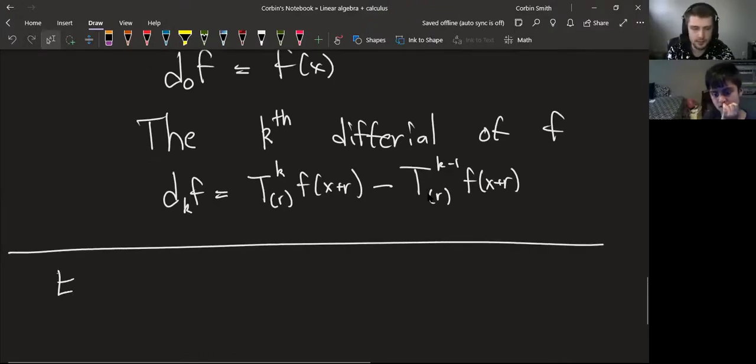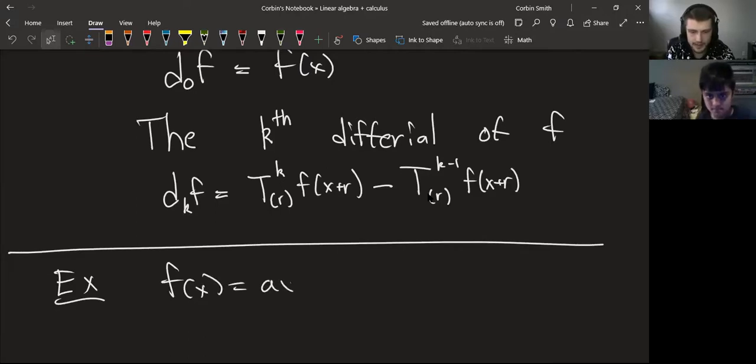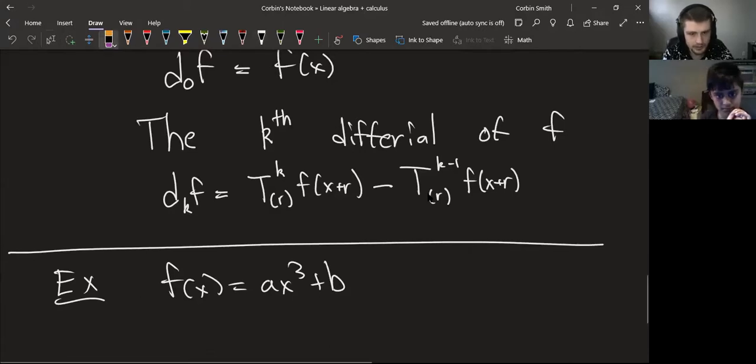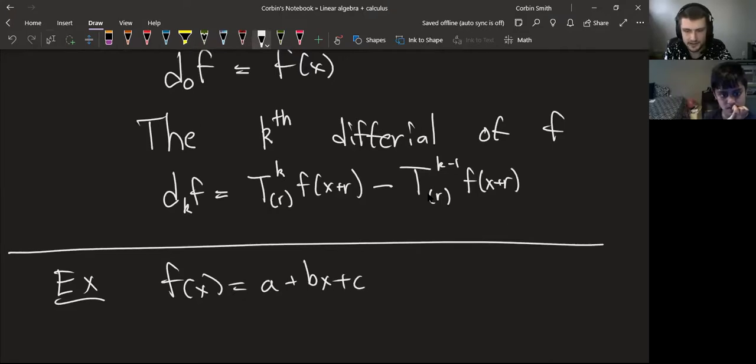Let's look at this example. f of x is equal to a plus bx plus cx squared plus dx cubed.